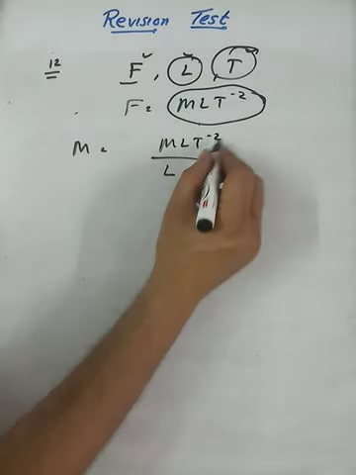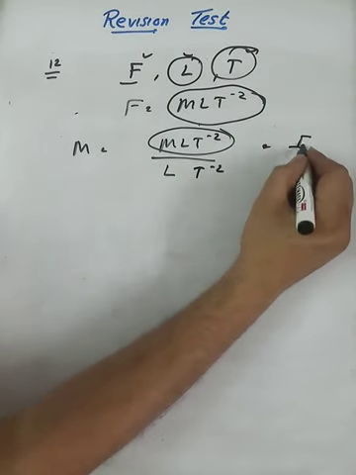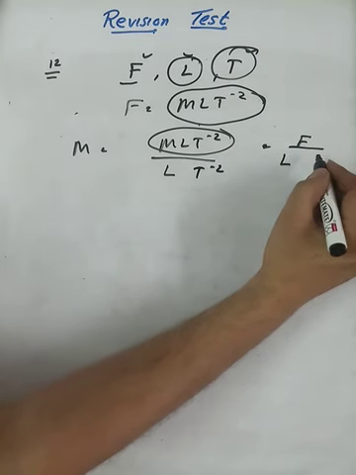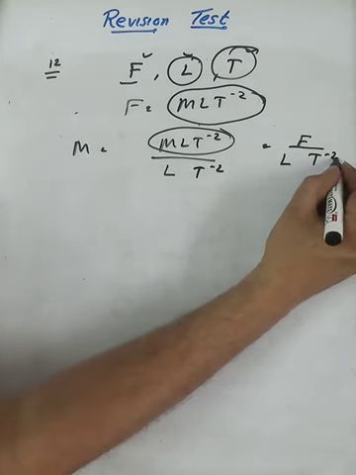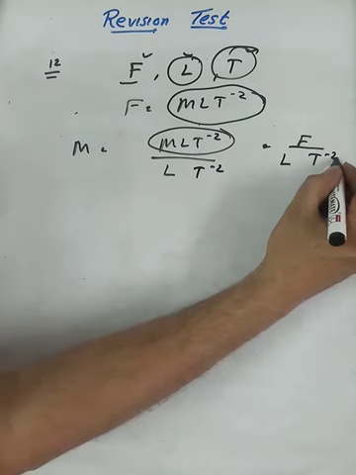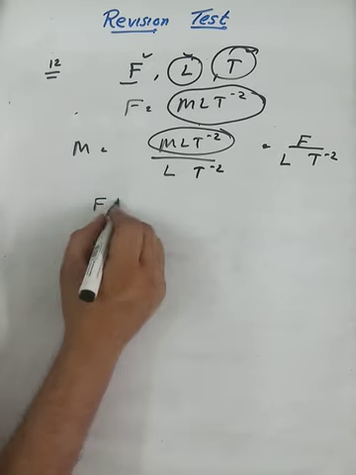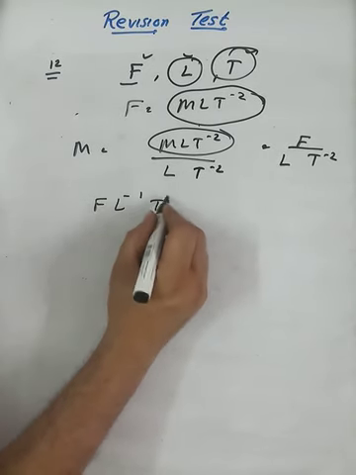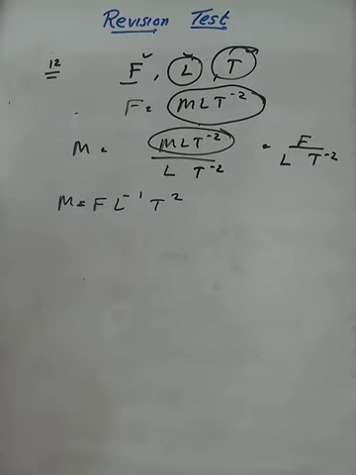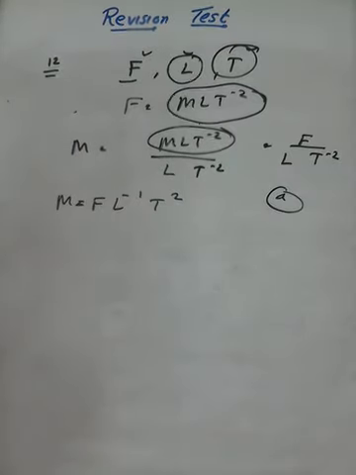That means this is F over L and T raised to the power minus 2. That means the answer is F L^-1 T^2. This is the dimension of mass. That means option number A is correct.